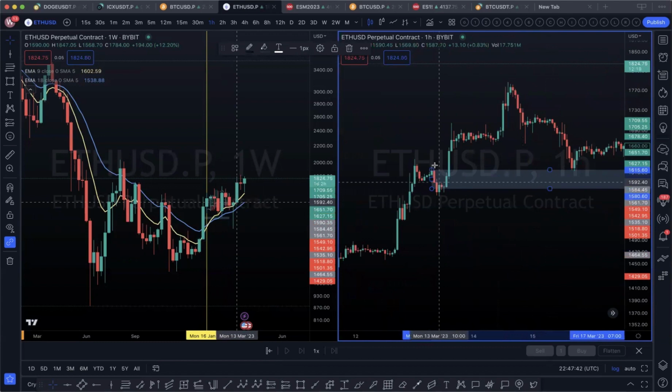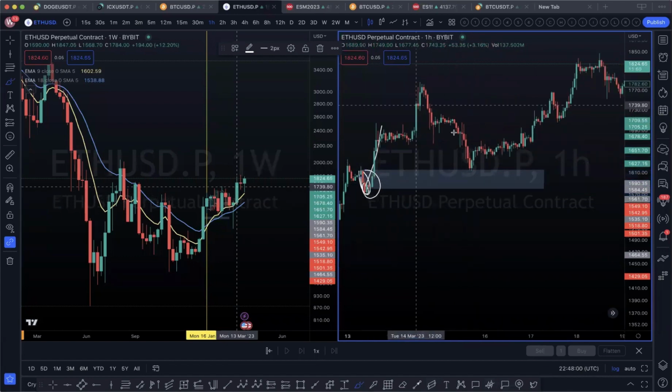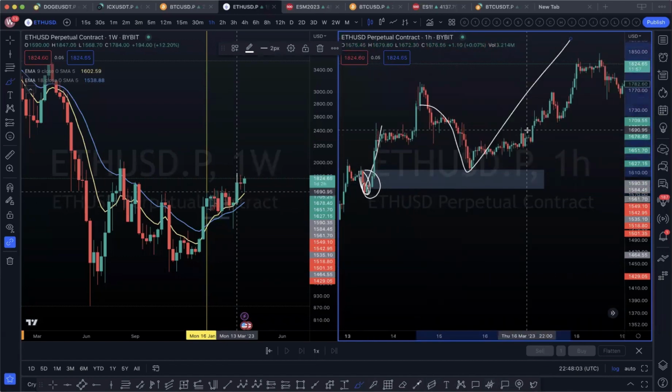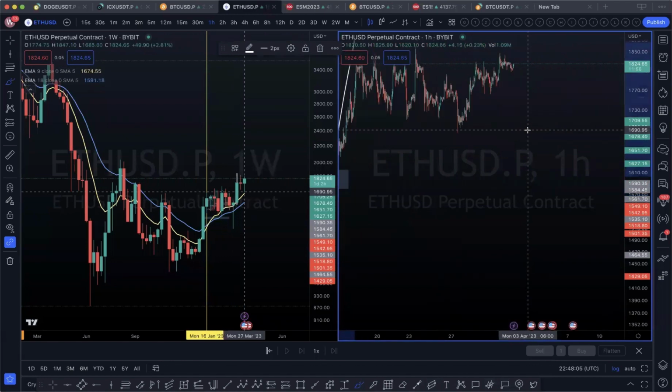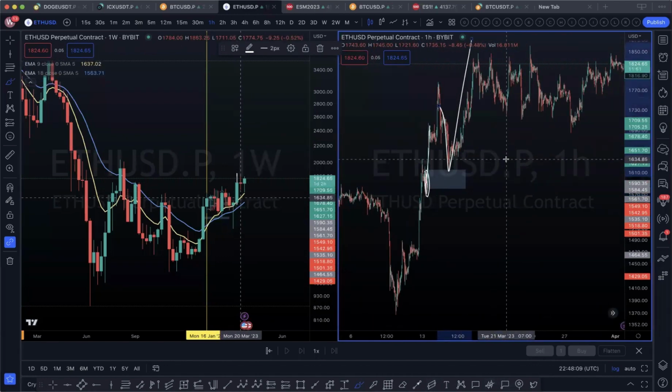A series of last red candle or the last red candle before a strong move out is a bullish order block. Look, price came back into the order block, tapped and moved away. So you get the point. So you can rewatch this video in order for you to get it.